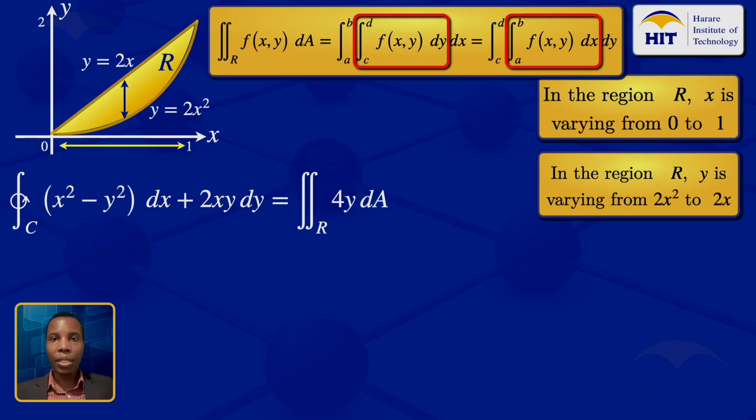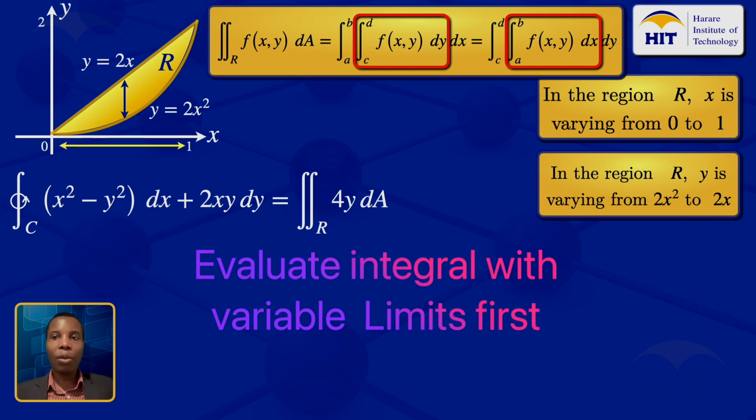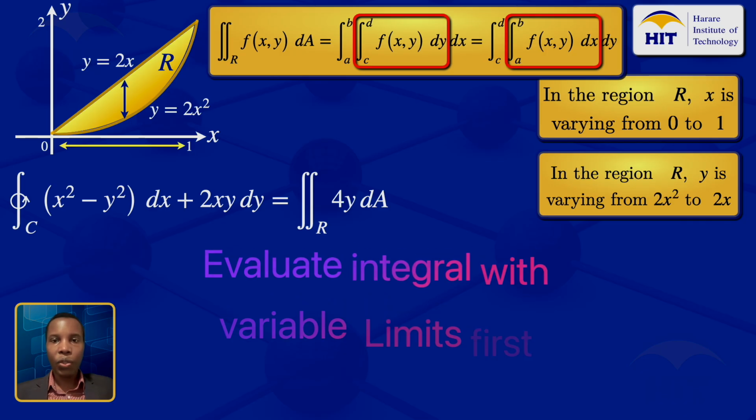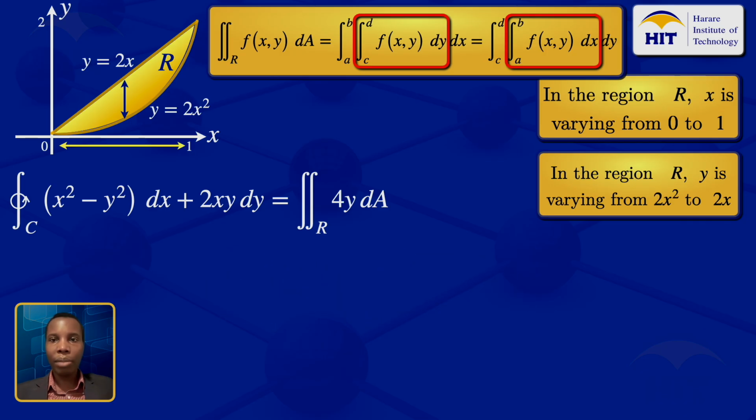In choosing whether to integrate first with respect to x or with respect to y, we have to choose the integral with variable limits to integrate first. In this case, the one with variable limits is y, which is varying from 2x squared to 2x. So we evaluate first with respect to y.